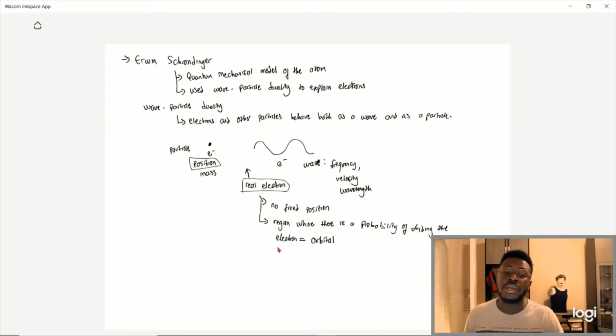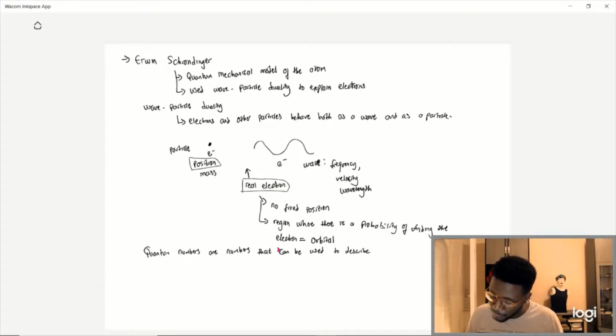And we can describe the orbitals using certain numbers called quantum numbers. So quantum numbers are numbers that can be used to describe the orbitals of an atom.